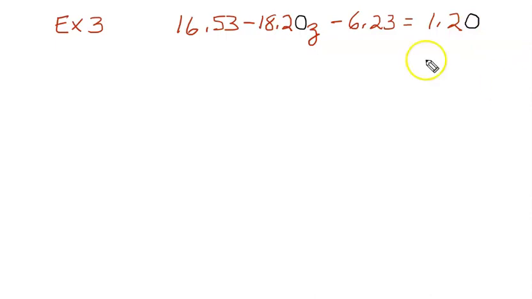Well, it's to multiply each term by 10 if it's 1 decimal, 100 if it's 2 decimals, 1,000 if it's 3 decimals. So multiplying each term here by 100, all I do is move the decimal place over 2 places. That's why I had to add that extra place.